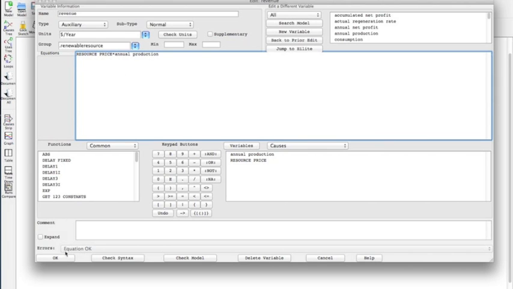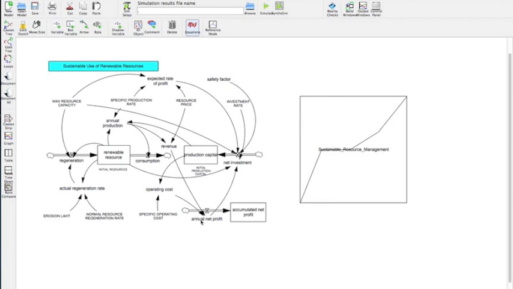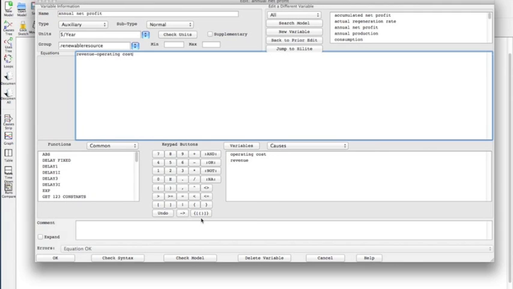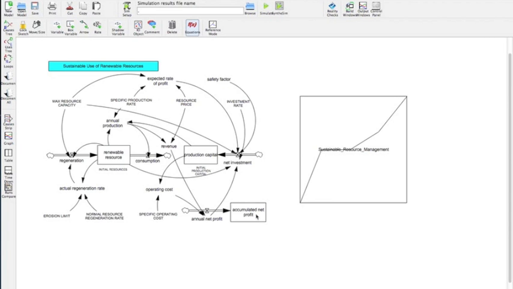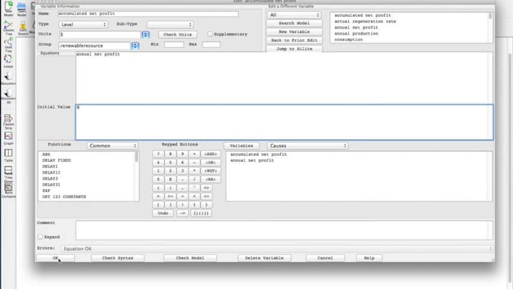This will give you your revenue, and the revenue minus the cost will give you the profit. Okay, and you can actually accumulate the profit and keep track of it over time. Okay, and there's a 0 initial value for the profit.